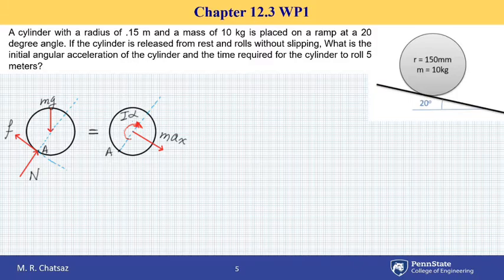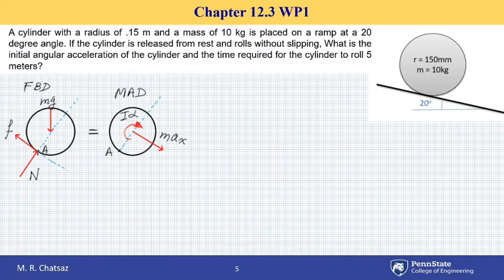On the left hand side diagram, the free body diagram, FBD, I have shown all external loads: weight of the cylinder mg, normal force exerted by the incline on it N, and friction force tangent to the incline represented by F. On the right hand side diagram, which I call mass acceleration diagram, I have two vectors due to inertia of the cylinder, max due to translation motion of the cylinder and I alpha due to rotation.